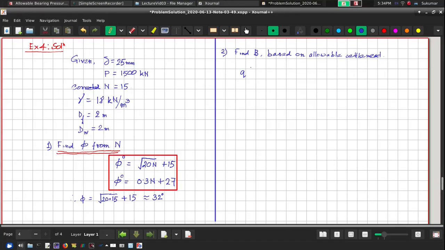Next, let us go for finding B based on our allowable settlement, and for this purpose we will first find out what is the approximate QA for the given value of N based on Peck, Hanson and Thornburn's empirical curves.